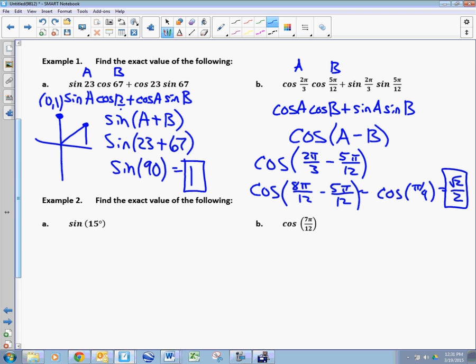Please don't write this down, but just watch for a second. Suppose instead of choosing this to be A and this to be B, what if I switched it around and this was B and that was A? How would it have been different? It would be a cosine of negative pi over 4. Would I have still come up with this? Why?